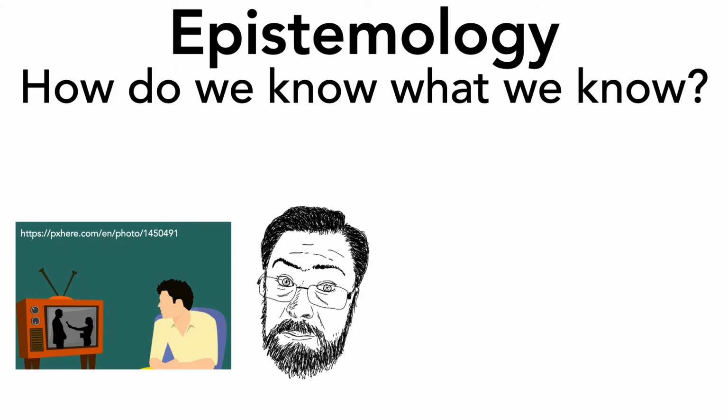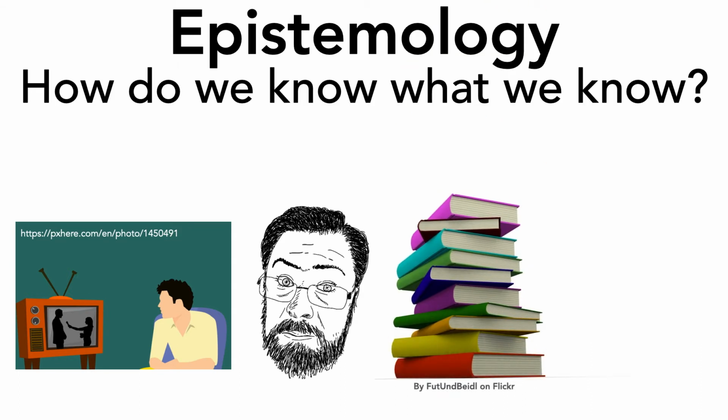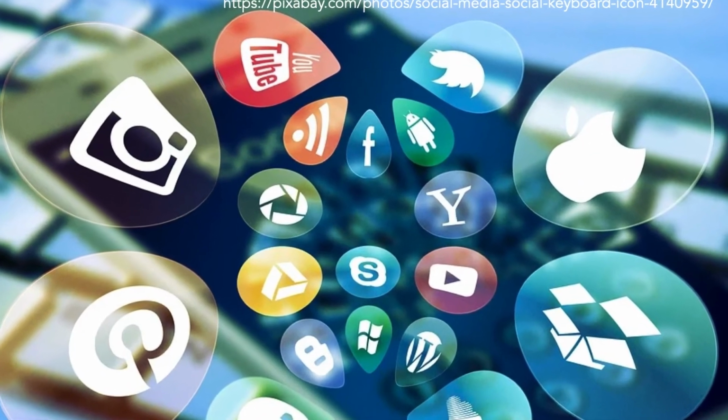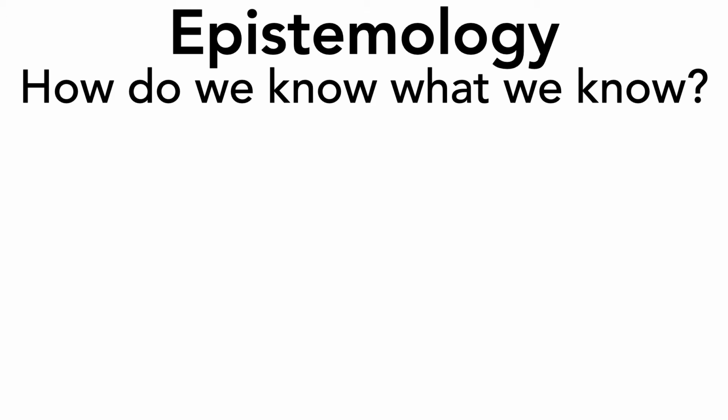Possibly, it's something we've read about in a book, or it is something that we have seen on the internet, because, as we know, everything on the internet is true. Well, regardless of how you've come to know something, I think we can all agree that there is a sense of information overload in our society, perhaps even information fatigue from conflicting truths, particularly online.